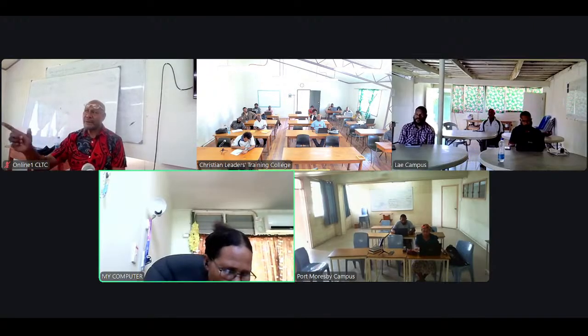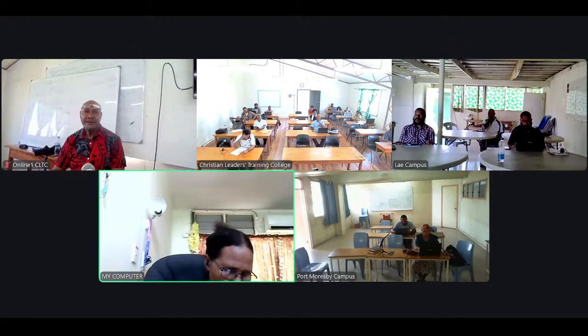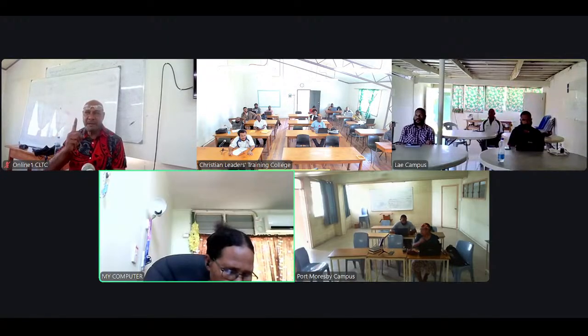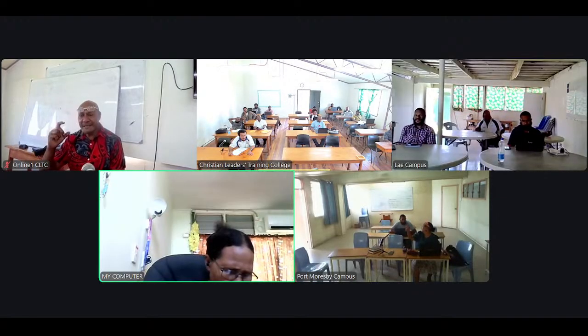So when I was talking in the logic class, in Melanesia we have ethnic maths. Somebody scored a PhD in ethnic mathematics, which argues that 1 plus 1 equals 3. That's Melanesian mathematics.